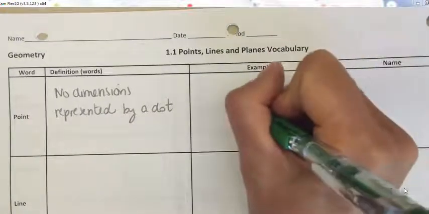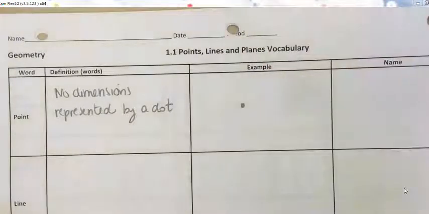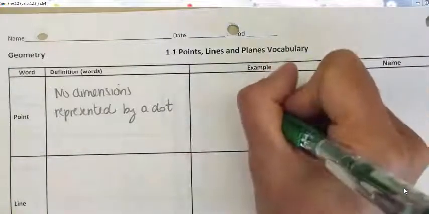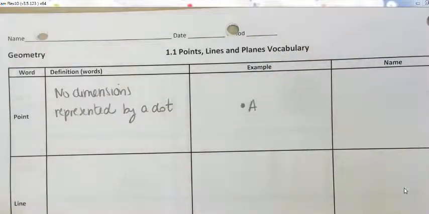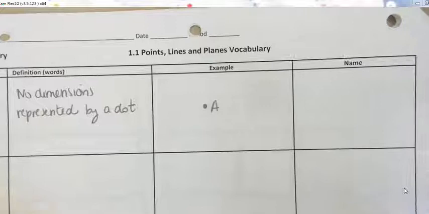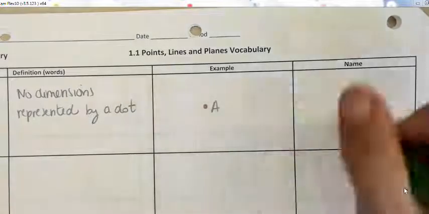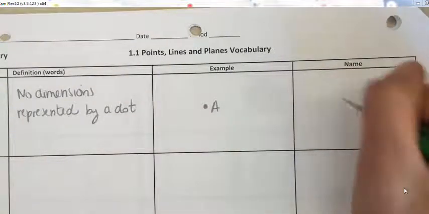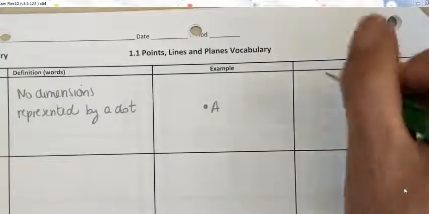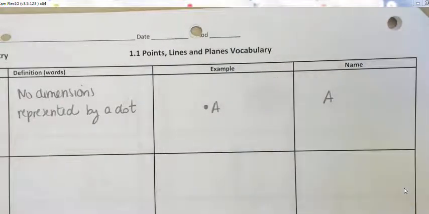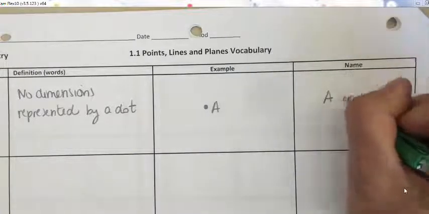An example of this might be a dot, usually with a letter next to it. It's a capital letter. And I would name this point A. So usually when we write a point, we just write the capital letter that represents that point. Or you could call it point A.